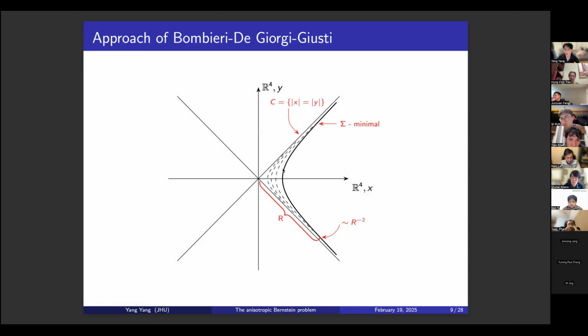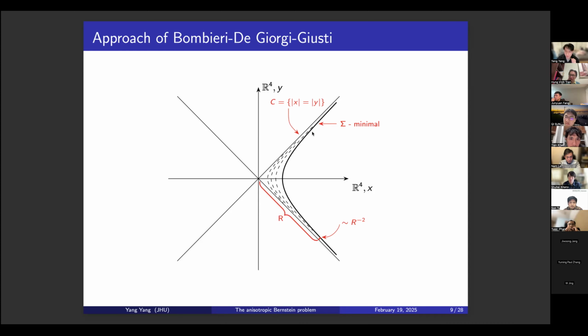So there's a general principle that says that if you have a foliation of some space by critical points of the functional, then each of the leaves of the foliation is a minimizer of the functional. So this is the so-called calibration argument. So then they show that in fact, the Simon's cone is area minimizing.